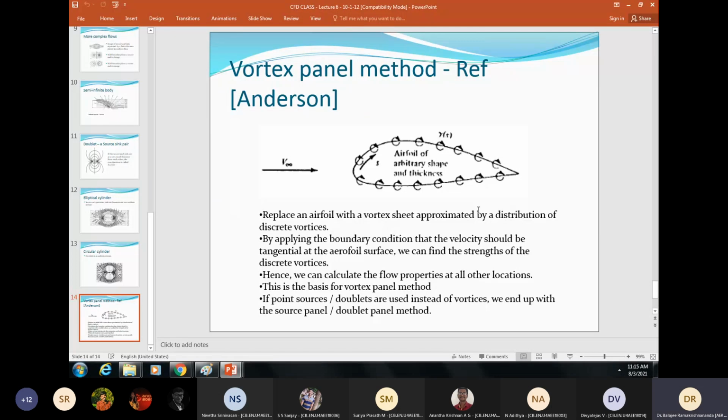Just like the vortex panel, you can have the source panel method. Then if you use doublets, you can have the doublet panel method, and so on and so forth. When you say source, it actually includes sinks also.